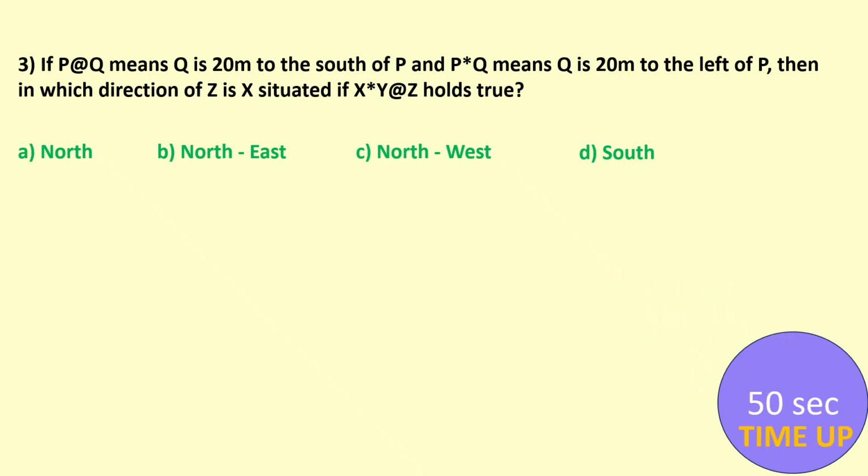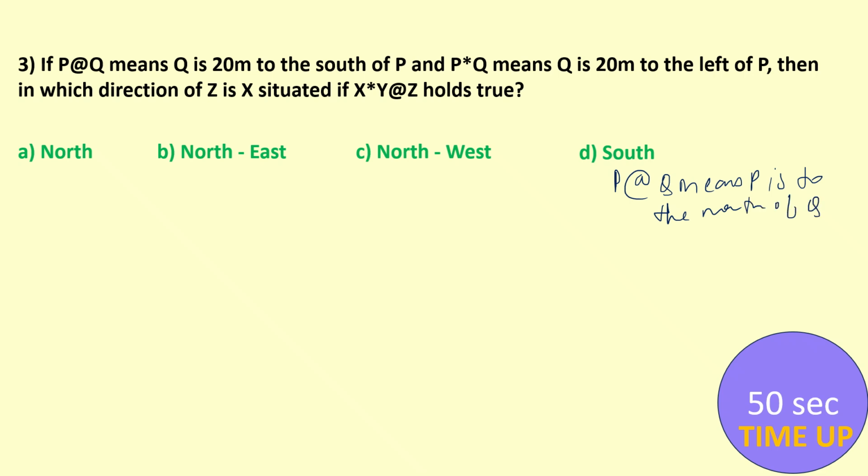Okay, time up students. We'll solve this. So if P at Q means Q is 20 meter to the south of P. Initially what they used to do is that if P at Q means they would say that P is to the north of Q, correct?